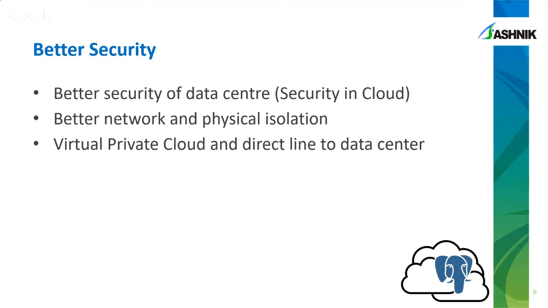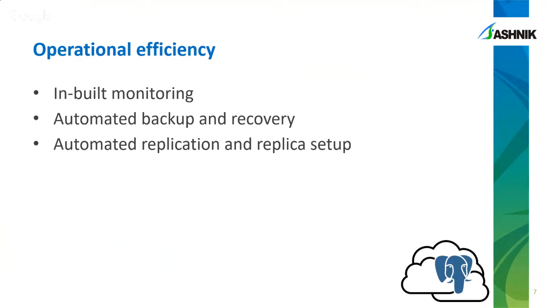All those measures for securing the data center access are ensured by cloud providers like AWS. You also have options of virtual private cloud and having a direct line to your data center for more reliable and more secure connectivity.